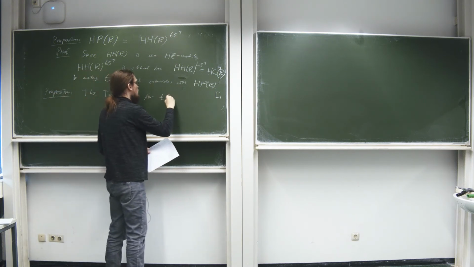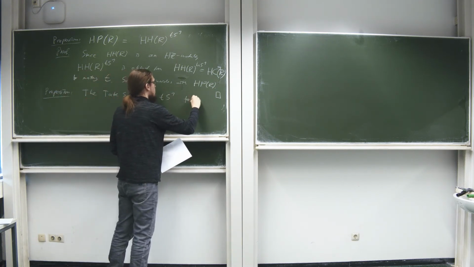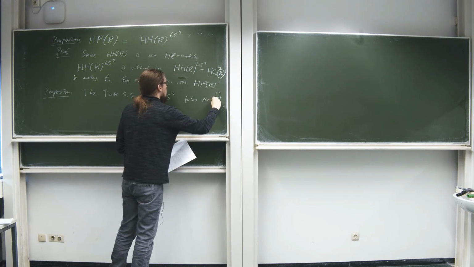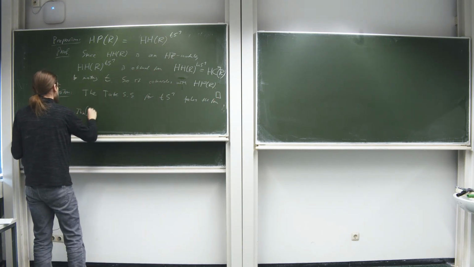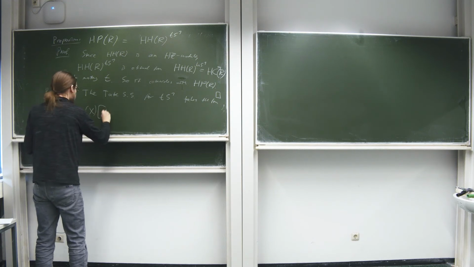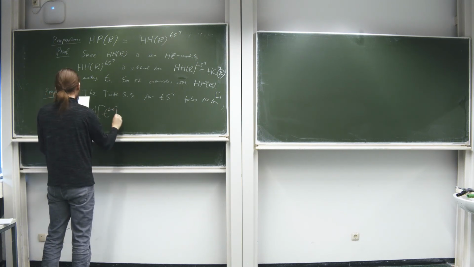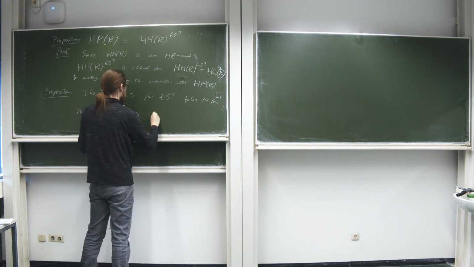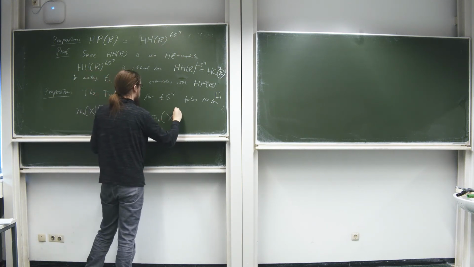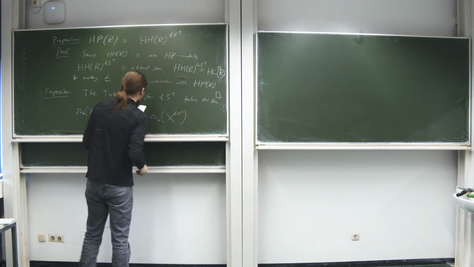For Tate S1, it takes the form pi star x, adjoin t plus minus 1, and it converges to pi star x Tate S1.